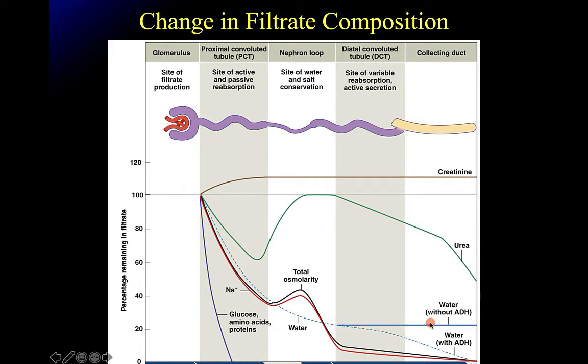And without ADH, we level off. Under the presence of ADH, we actually continue to reabsorb water back into our body, particularly in this collecting duct. So antidiuretic hormone, the hormone that makes us not pee, is going to allow water to move from the collecting duct back into our bloodstream.